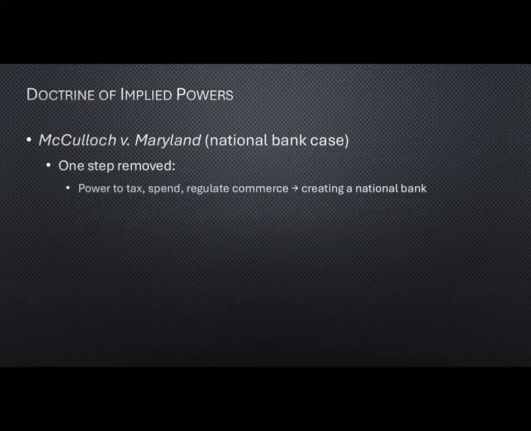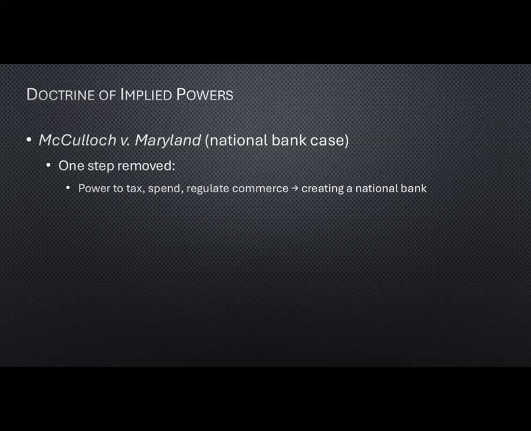The power to tax, spend, and regulate commerce, which are actually several different enumerated powers, directly connects to creating a national bank. So even though the Constitution does not specifically give Congress the power to create a national bank, that's just one step removed from the power to tax, spend, and regulate commerce.